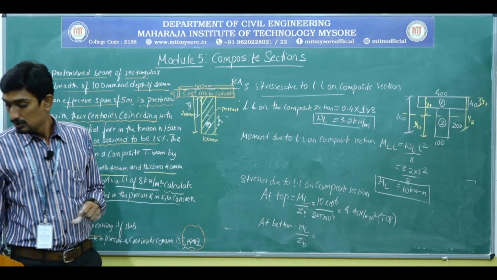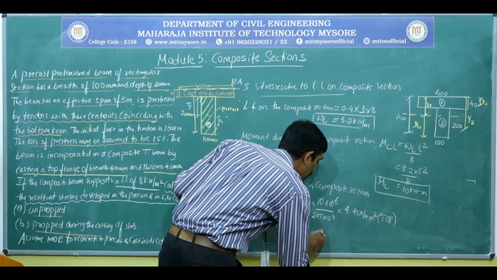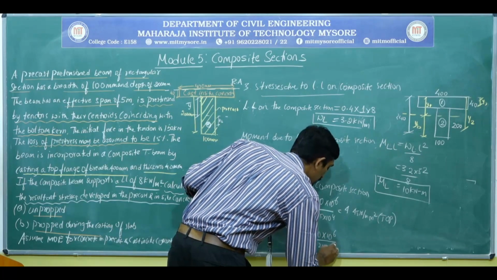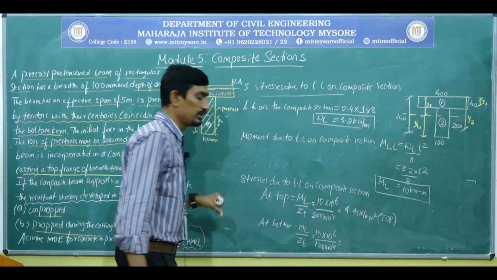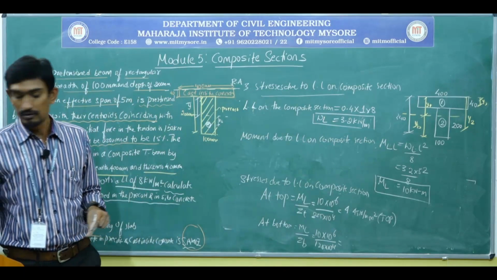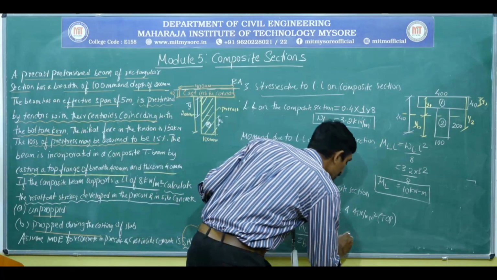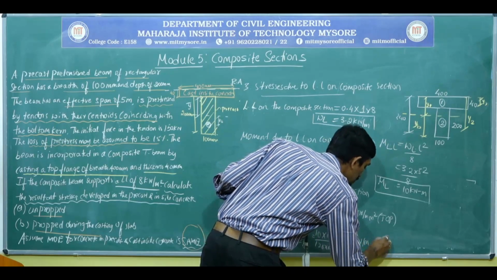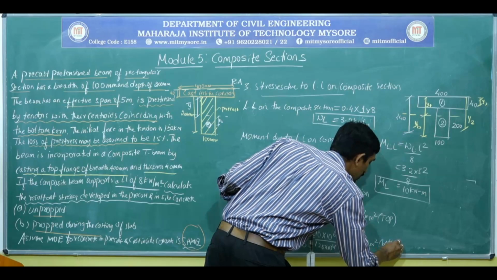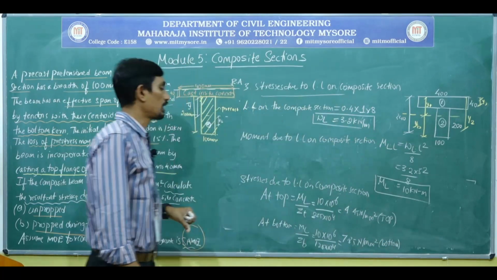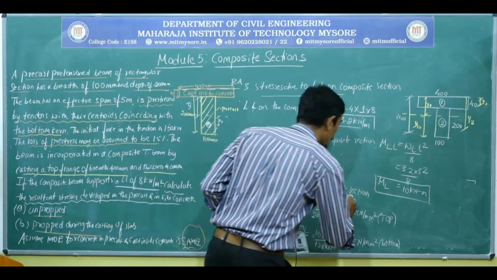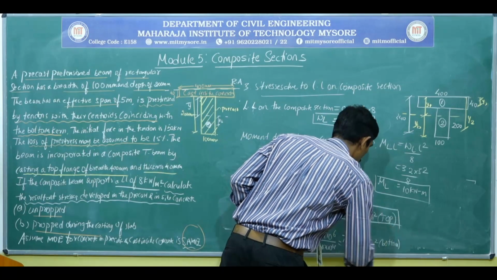So that is 10 into 10 to the power of 6 divided by 128 into 10 to the power of 4, which is equal to 7.85 Newton per millimeter square at the bottom. Okay, so like this, we need to calculate the stresses.